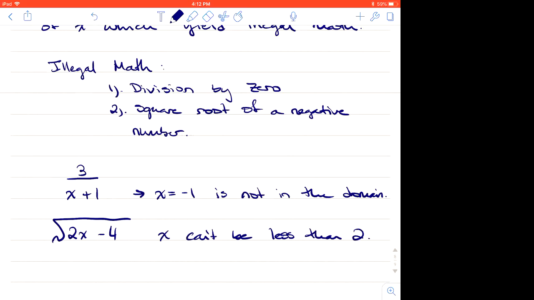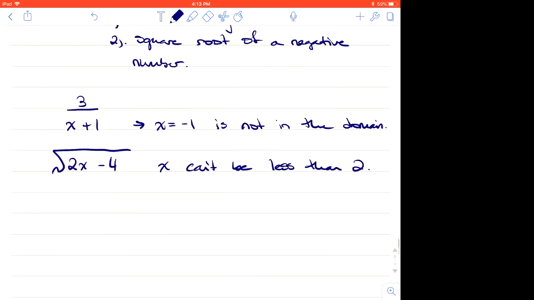Try x equal to 1, for example: 2 times 1, 2 minus 4, negative 2, uh-oh. I'm not going to get you to do those, but it's just good to keep in mind that it doesn't have to be that x is negative or that x is 0. Division by 0, we can get there other ways.